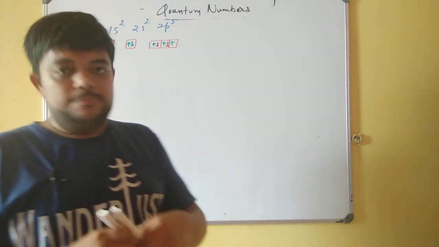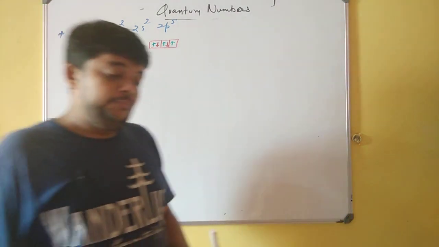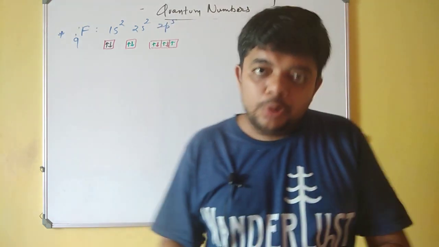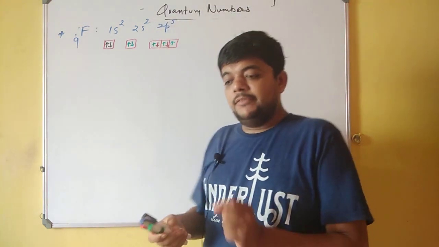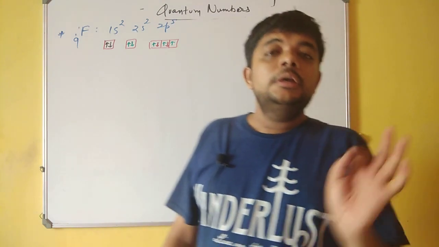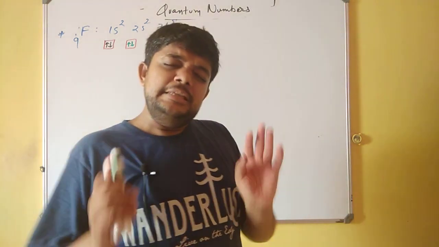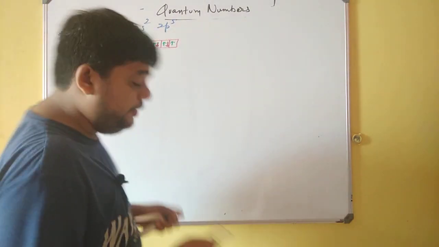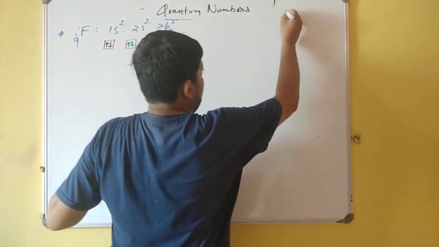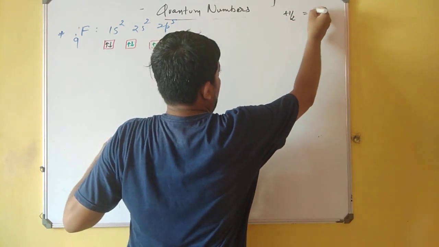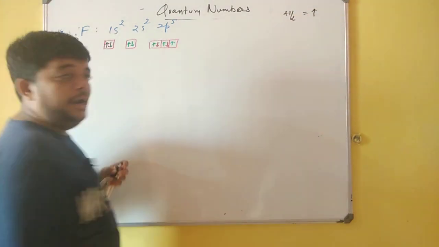So for me this is important, as I have told you, always keep the first entering electron in an orbital as plus half. To make least confusion, I will always say plus half is indicated by an upward arrow.